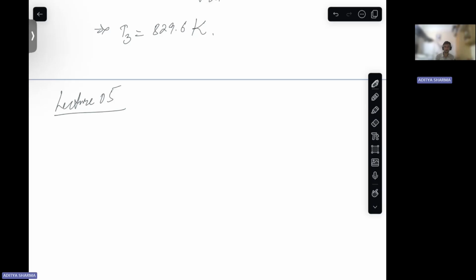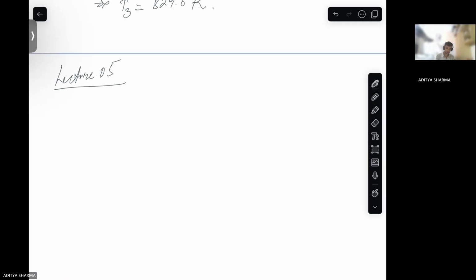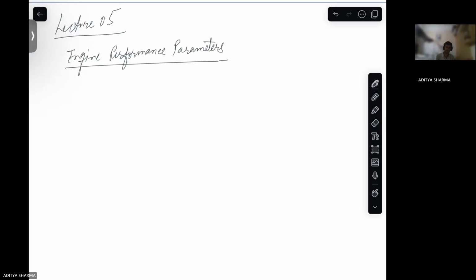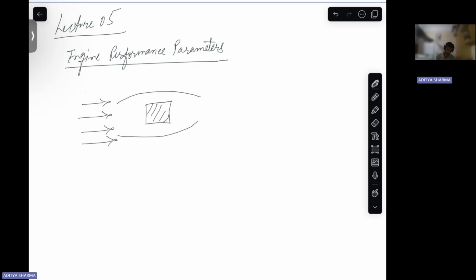Lecture 5, first of all, let's draw an engine. Okay. This is your intake.